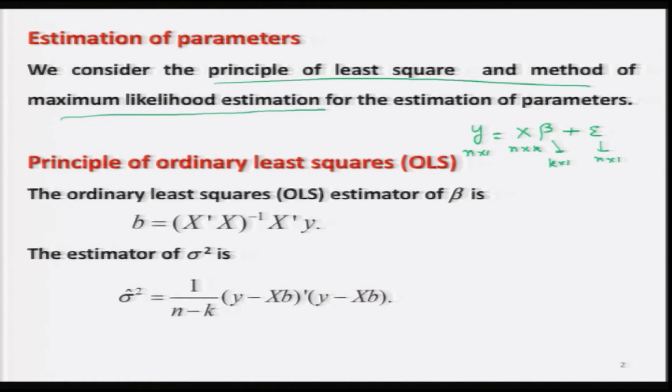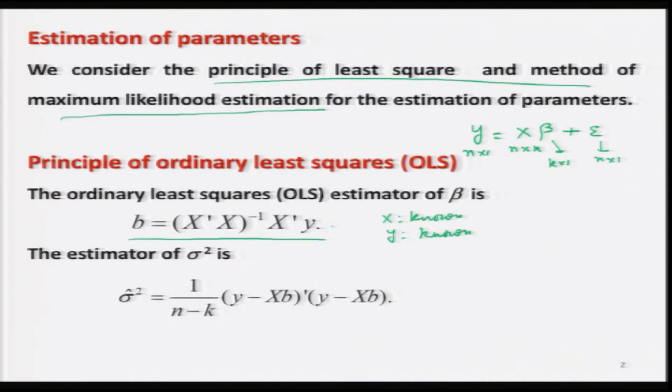If I employ the principle of least squares, then the least squares estimator which we obtain for beta is given by b equals x transpose x whole inverse x transpose y. You can see here x is known to us, y is known to us, and so we can estimate this parameter beta.